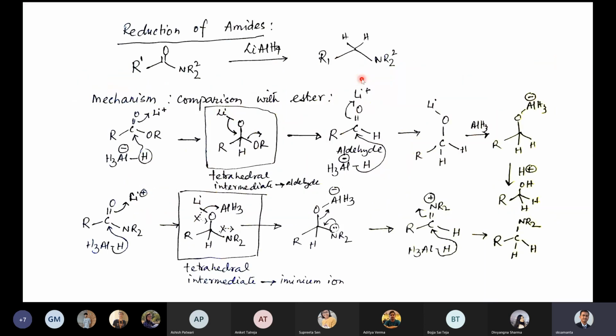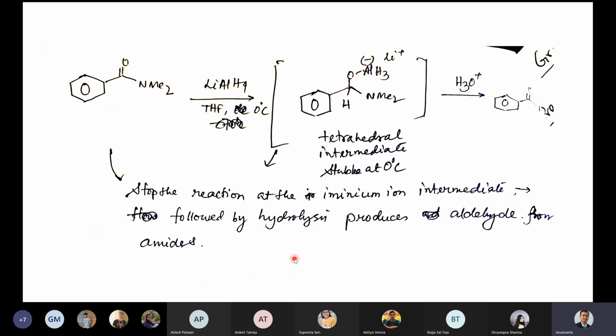In this case the reaction goes all the way up to the NR2 stage, but if we can trap or quench this intermediate in the presence of acid, then the pathway changes. For example, lithium aluminum hydride can attack here to form this tetrahedral intermediate, but if this tetrahedral intermediate is immediately quenched in the presence of acid, then the NMe2 group, the NR2 group, is removed.